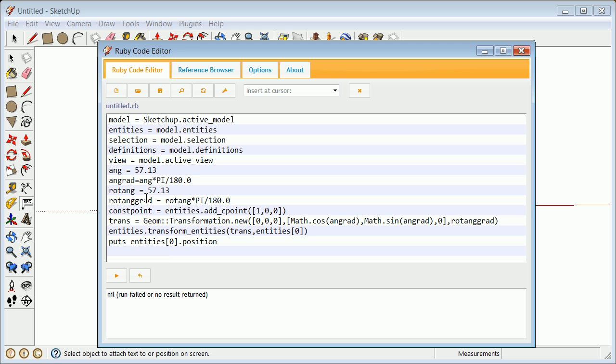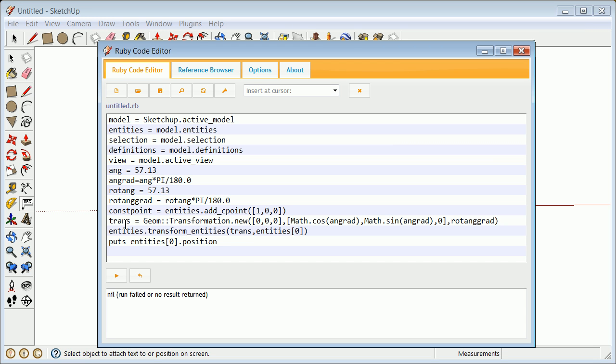We've defined 2 angles and converted them to radians. We could have just as easily put them in originally as radians. We could have used a function to do that. There is one. It is nice very often just to do this calculation right here so you can see what's going on. We defined a construction point at a given vector and a given point in 3D space.